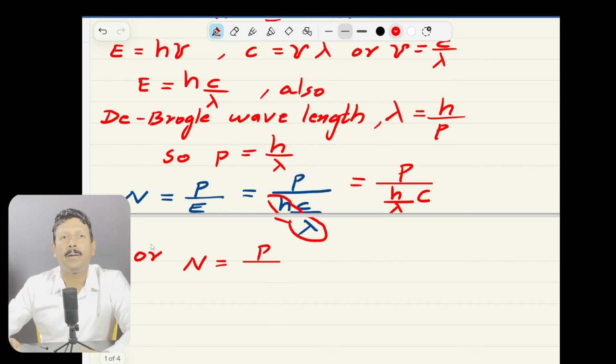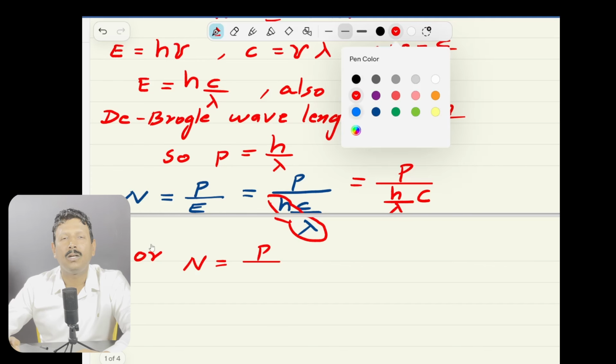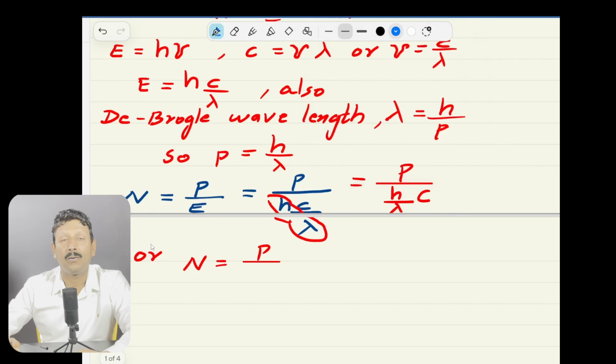So the number of photons emitted is equal to P, the power, divided by small p, the momentum, into c. The numerator P is the capital letter P, the power. The denominator p is the small letter p, the momentum.